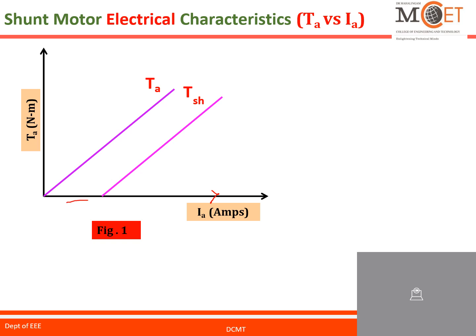When armature current increases, the torque increases almost linearly, because the flux remains constant, therefore the torque is directly proportional to armature current. So this is the relationship between armature current and torque.